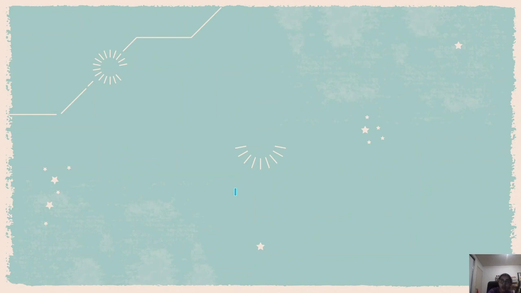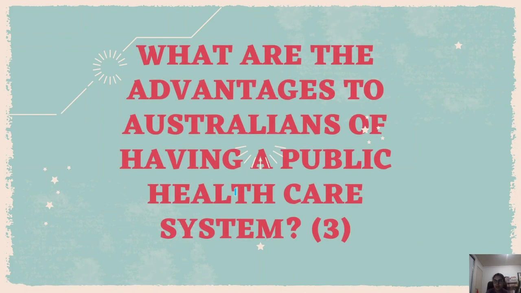Now, note the marks. Even though it is implicit, note the marks, and I will give you a couple of minutes to have a look at this question. What are the advantages to Australians of having a public healthcare system? It is a 3-marker. And while you're jotting some stuff down, I'll just walk you through this. This is obviously from Core 1.